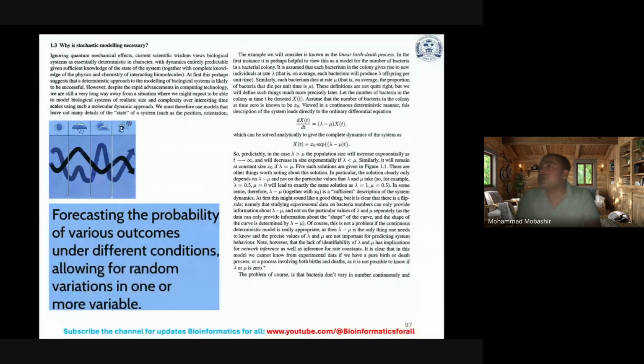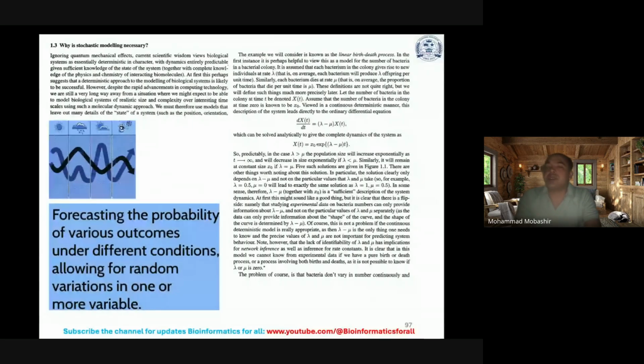If we want to predict the population of certain countries, for example, India, Brazil, China, USA or Europe, then stochastic modeling will be one of the finest modeling approaches for this purpose.